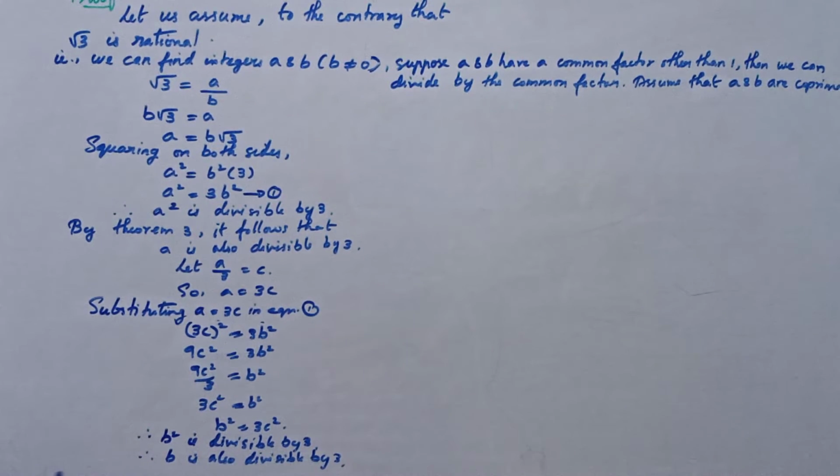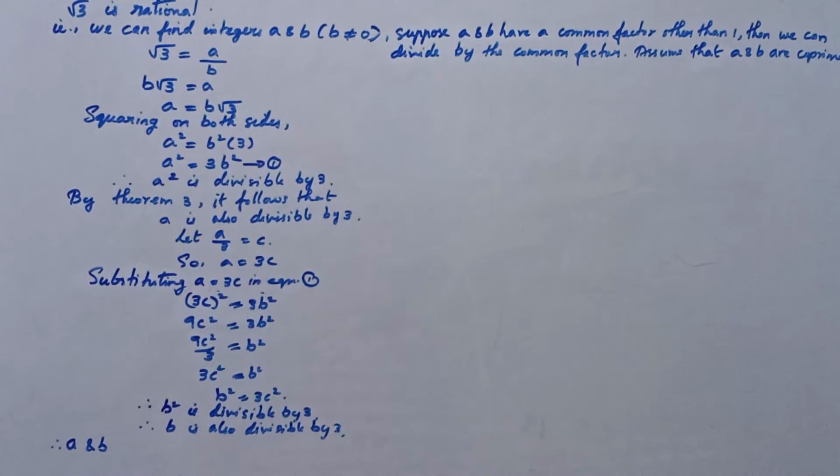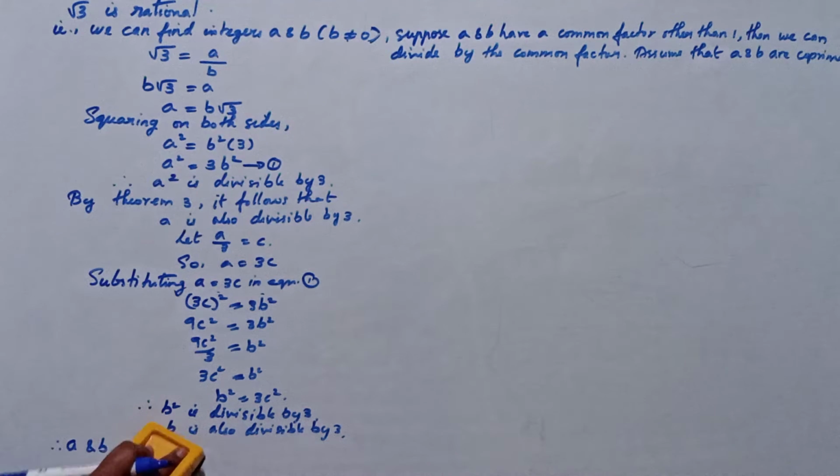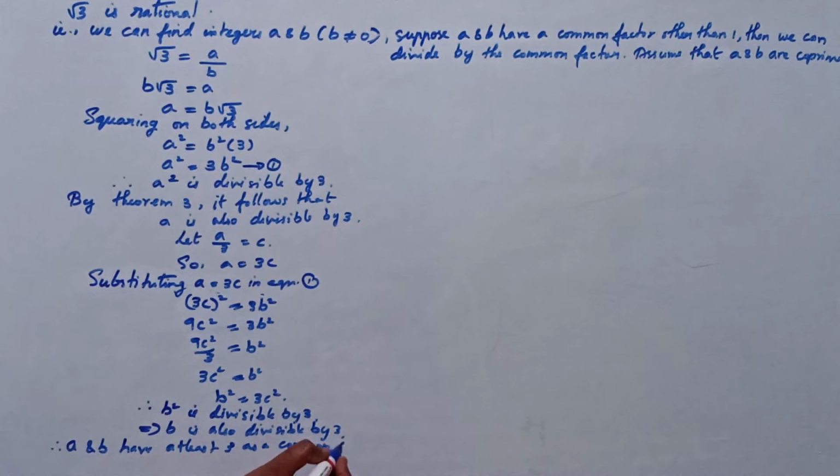So therefore a and b have at least one factor, at least 3 as a common factor, right?